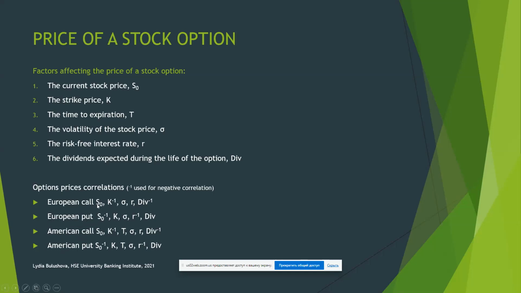So the higher the price of an underlying stock, the higher the price of the call option, and the lower the price of the put option. The higher the dividend, the lower the price of the call, for both European and American, and the higher the price of the put.